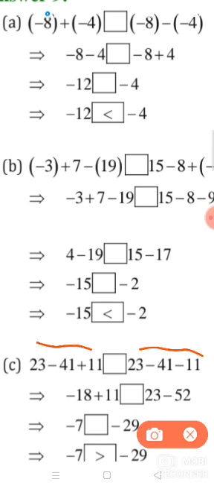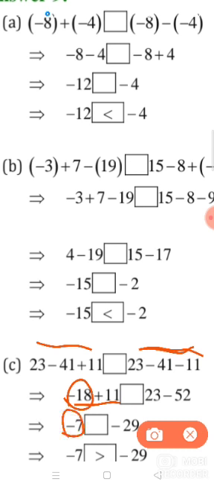So first 23 minus 41, plus minus becomes a minus. So 41 minus 23 becomes 18, so here minus 18, and plus 11, again minus plus becomes a minus, so 18 minus 11 becomes 7, and the greater number has a minus sign, so we put minus 7 here.